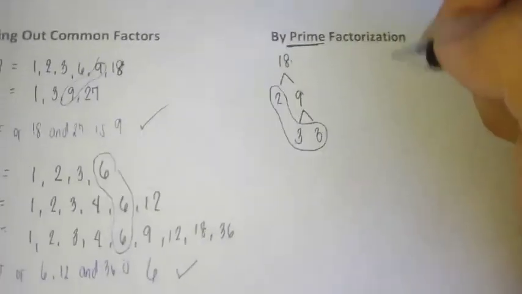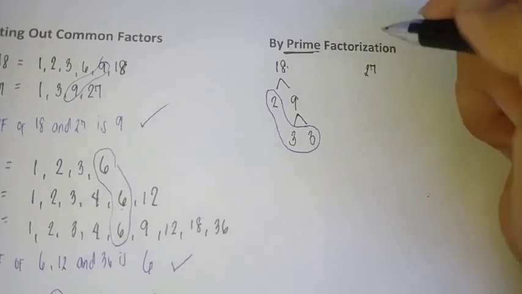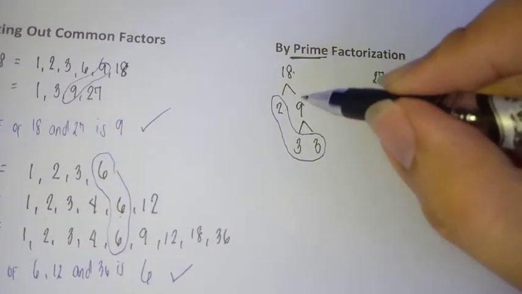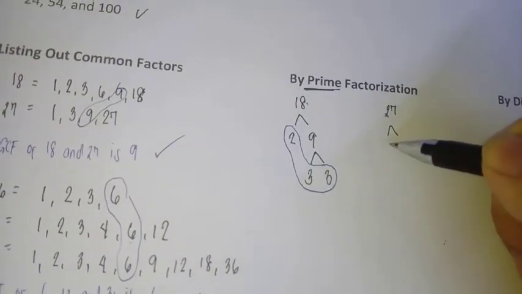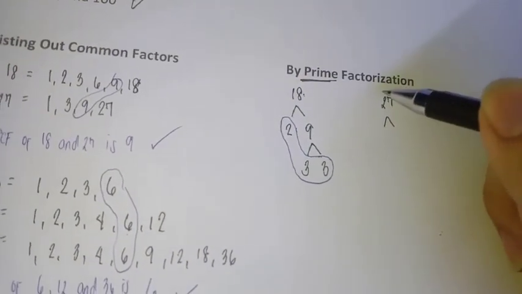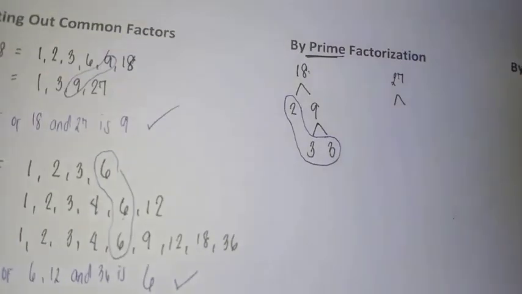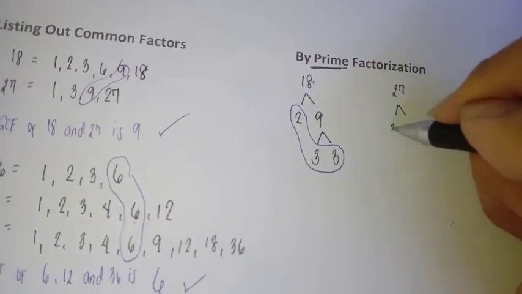Okay, gets? Now let's proceed to 27. Same process, magsisimula tayo sa pinakamaliit. 2, no. Since 27 is not divisible by 2, hindi tayo gagamit ng 2. So next prime number is 3, pwede.